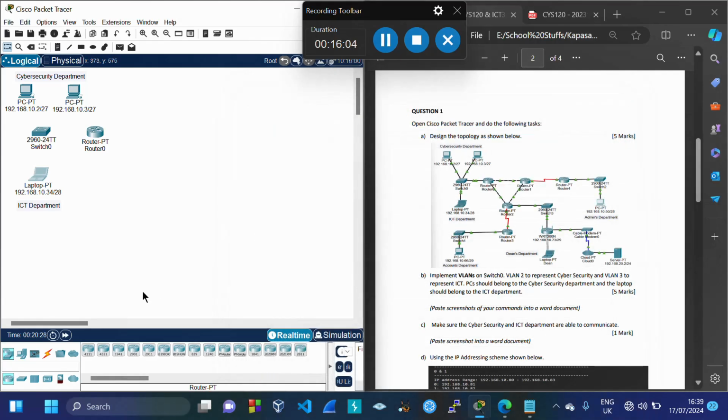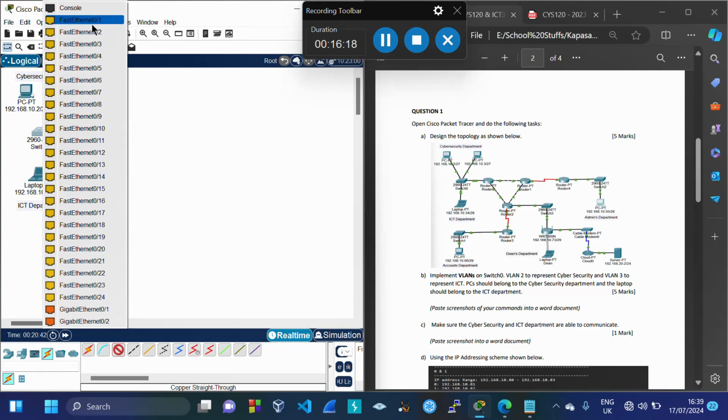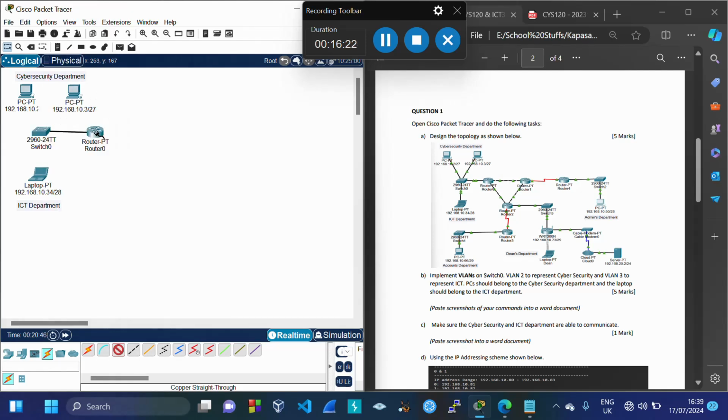Now I need to connect these devices based on the question under connections. This copper straight-through cable is used to connect different devices. So I'll use the first port of the switch, which is FA0/1, and FA1/0 for the router, at least to make them unique.